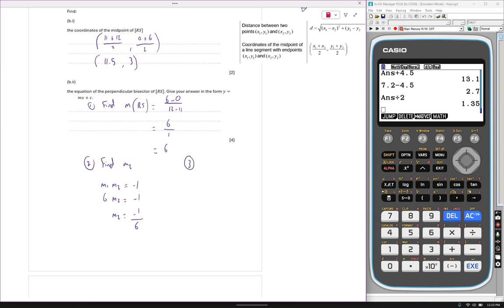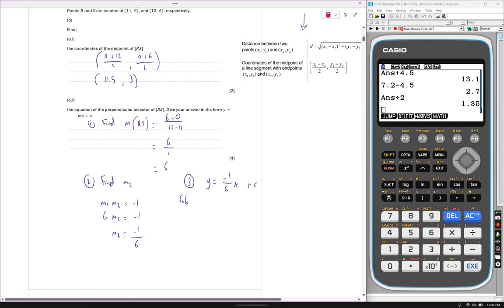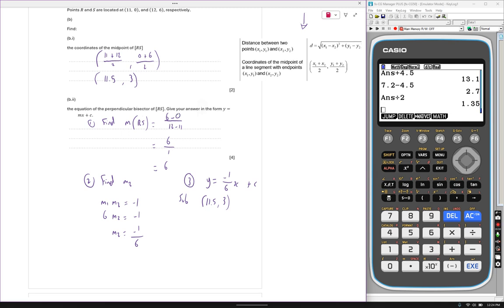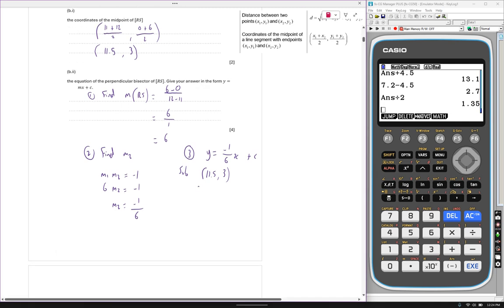Step 3, we've got for the bisector y equals -1 over 6 x plus c. We're going to sub the midpoint, which is (11.5, 3), into that equation that I just wrote above. So now, instead of y, we've got 3 equals -1 over 6 times 11.5 plus c. We're going to solve it for c.